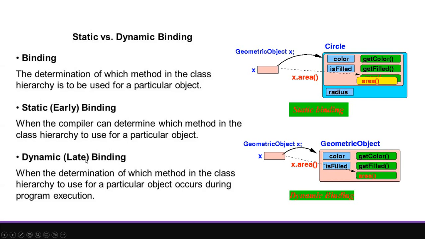Recently, especially scripting languages prefer dynamic binding. Dynamic binding means you bind your variable and the memory when you run it. So it's runtime binding versus static binding. These are two different rules.